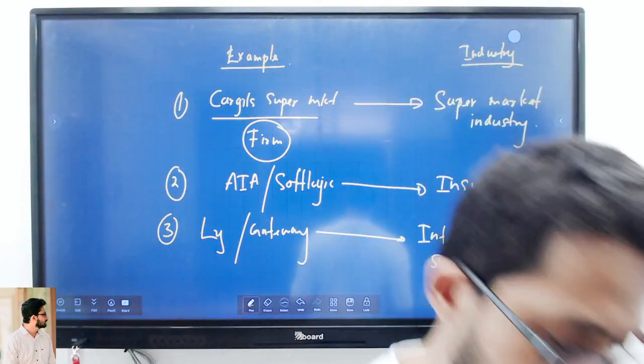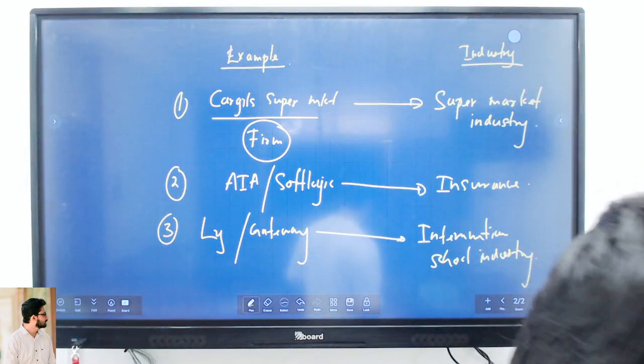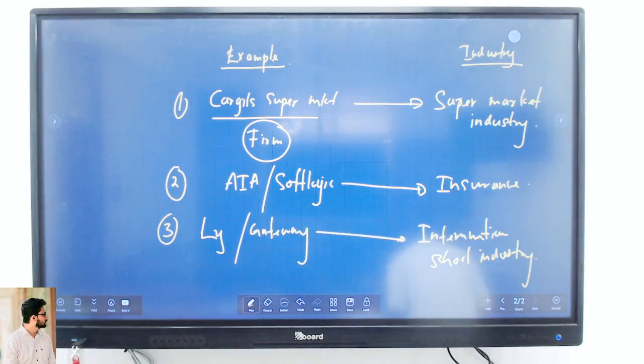Punara, are you clear? Yes, sir. Okay. Then understand the difference between firm and industry. A firm means one business organization which organizes the production process, while mobilizing resources in order to produce goods and services which are wanted by the society or consumers.